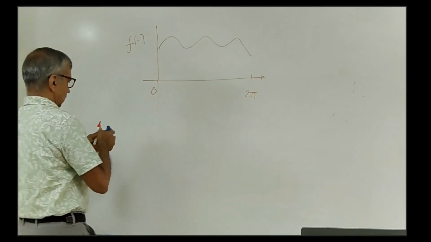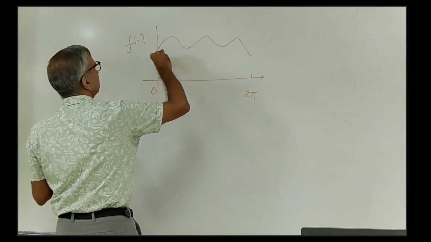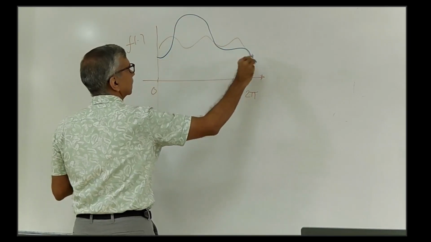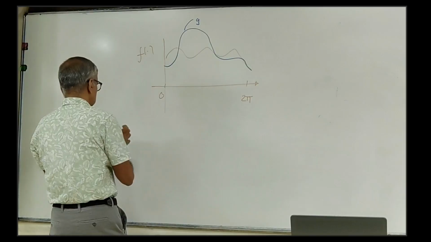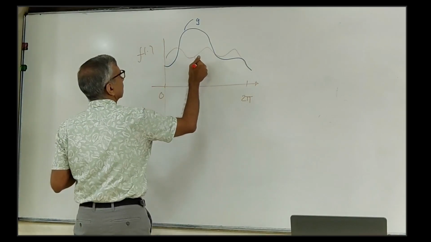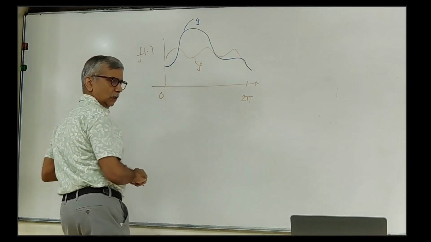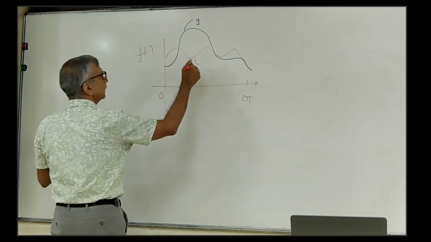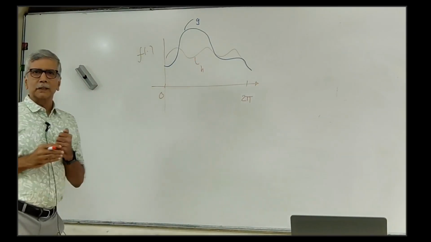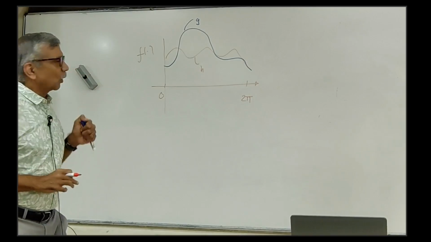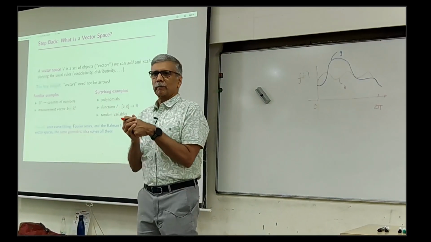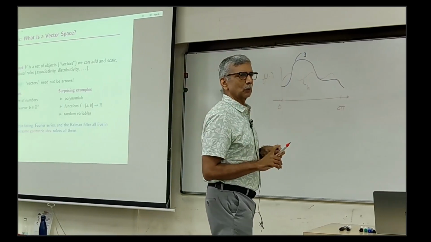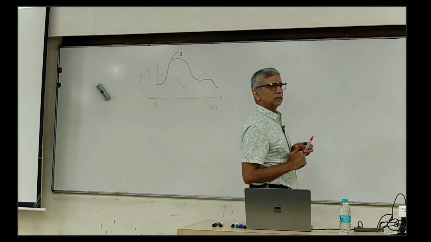Now, if I were given some other function, let's call this g and this I'll call h. So now the question is, can I talk of something as how close is g to h? Have you ever seen this before? How close is g to h?